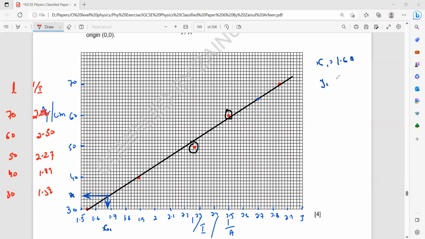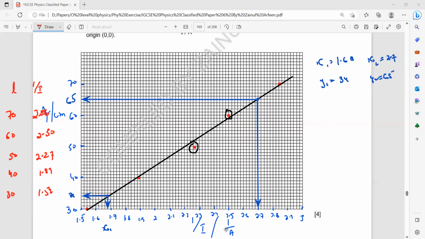So y1 is 34. Then we took another point on the x-axis, that is x2, which is 2.7. And this one is 65, so y2 is equal to 65.